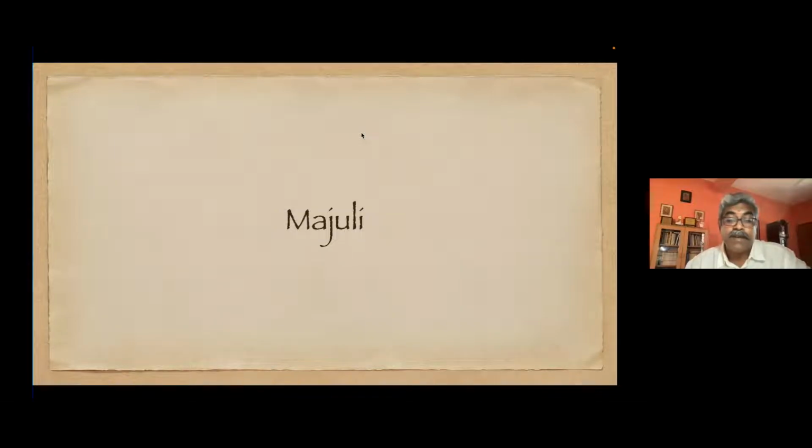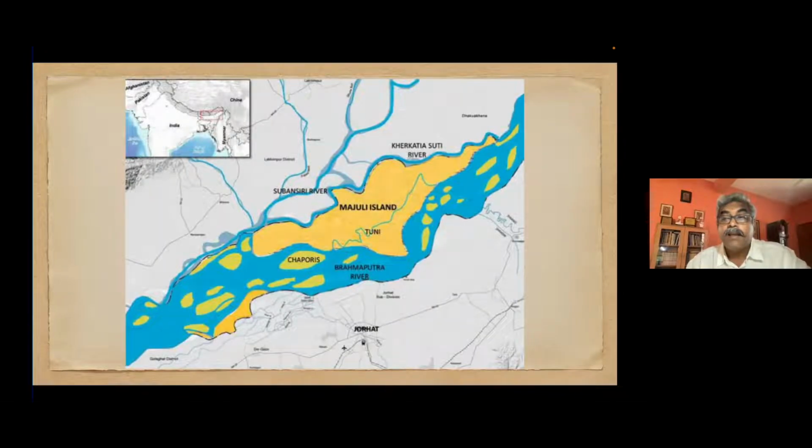Originally, this island was spread over about 1,255 square kilometers. Presently, it has shrunk to 352 square kilometers. Here you could see Majuli, the main island is there, but nevertheless the small islands are also inhabited in various ways.